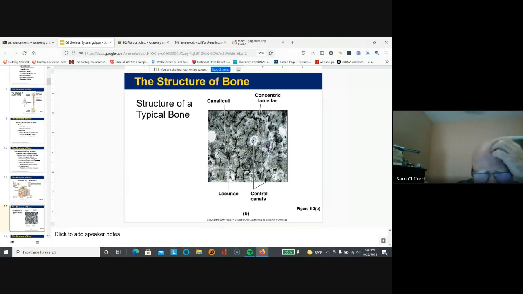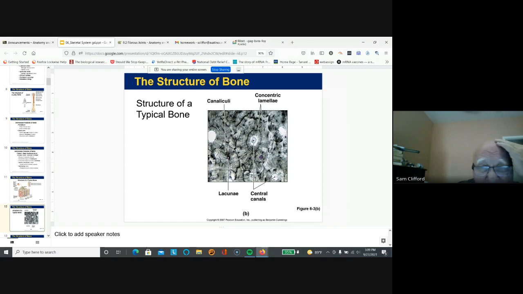The osteocytes, along with the osteoblasts, make up these concentric circles. Each one is called a concentric lamella. So know the structure of compact bone. Know that spongy bone has trabeculae, little beams, connecting a network of bone.